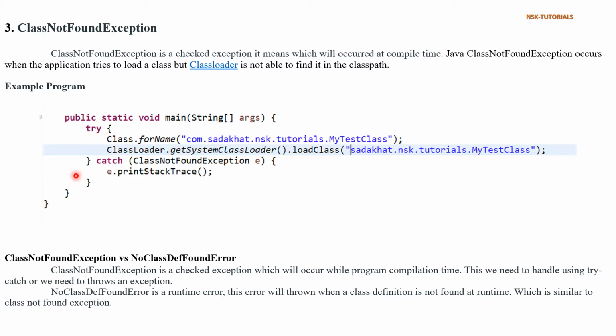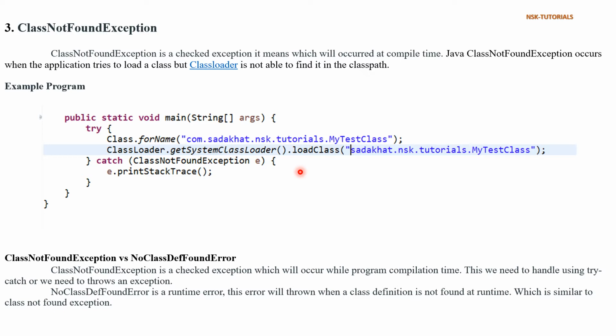For example, if you see the below example, com.sadakat.nsk.tutorial package should have my test class, but this my test class is not exist in the same package. This class I am trying to access by using Class.forName. This time we'll face the class not found exception.